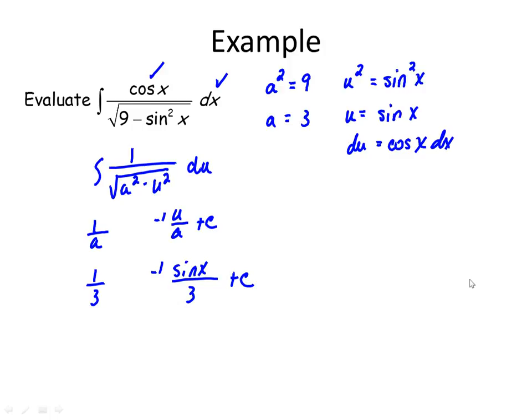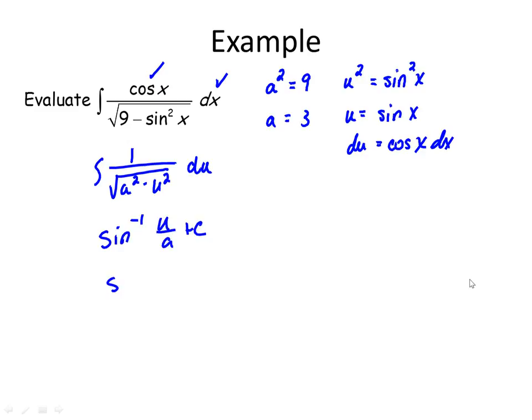Well, it's even easier than that, isn't it? Okay, let's try this again. Square root, a squared minus u squared. So it's going to be sine inverse of u over a plus c. There we go. Is that better?